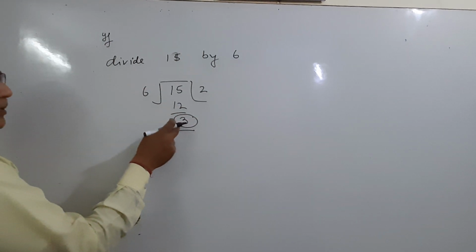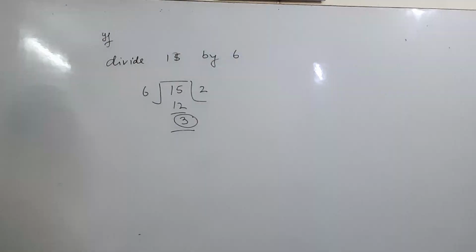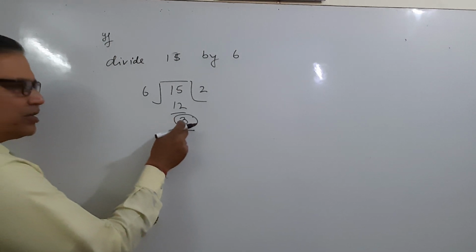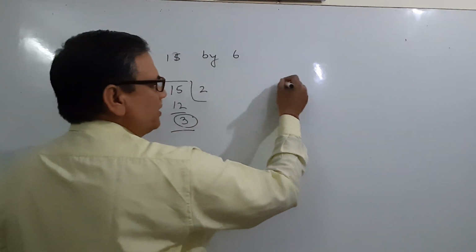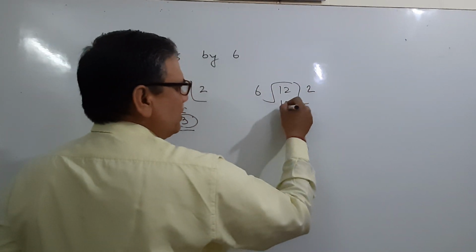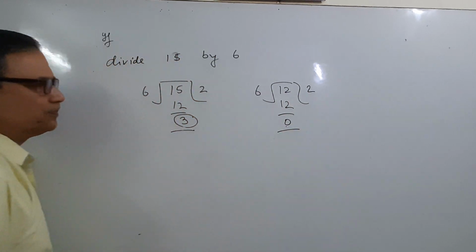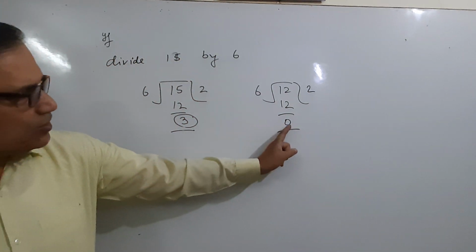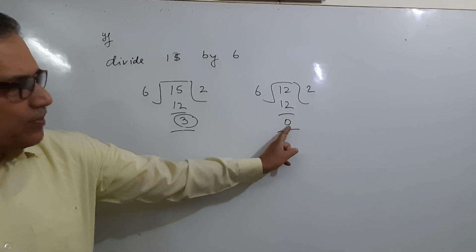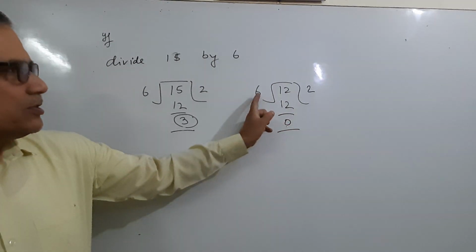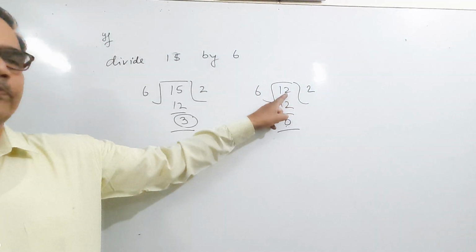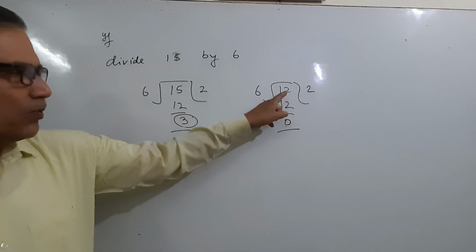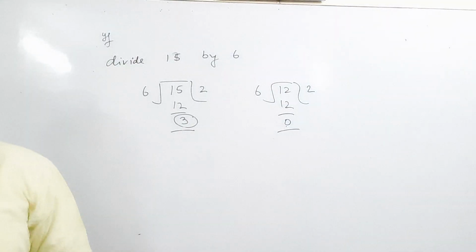If the remainder is 0, like if 12 is divided by 6, 6 twos are 12, the remainder is 0. We can say that if 0 is the remainder, then 6 is a factor of 12, or we can say 12 is a multiple of 6.